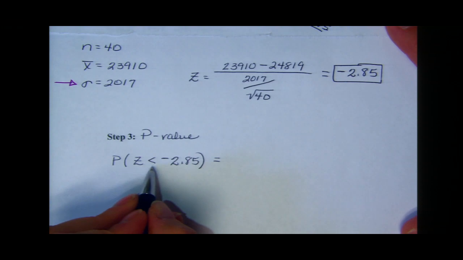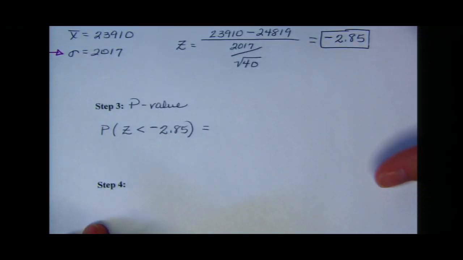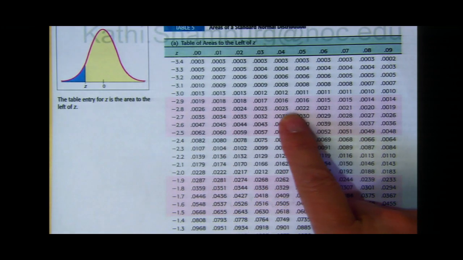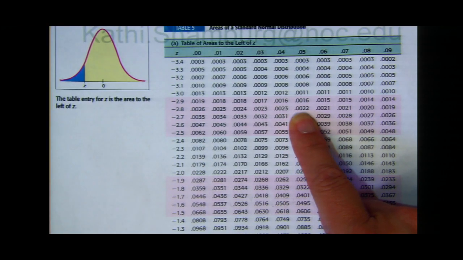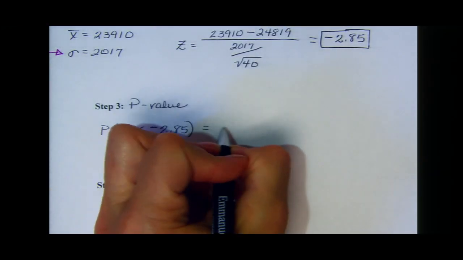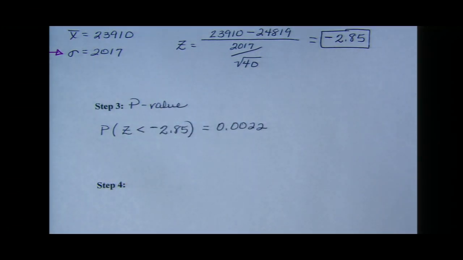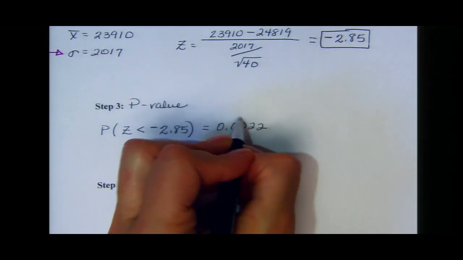Because it's a less than, all I have to do is use the number from the table. So when I use the number from the table, negative 2.85, it's 0.0022. So here's my p-value.